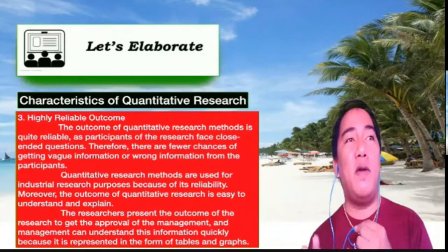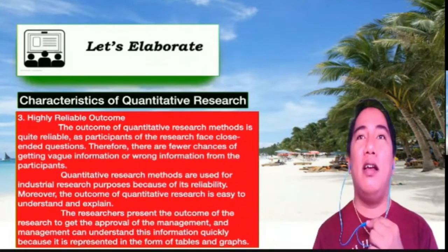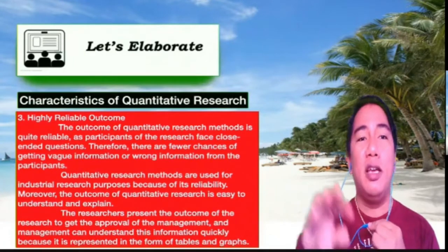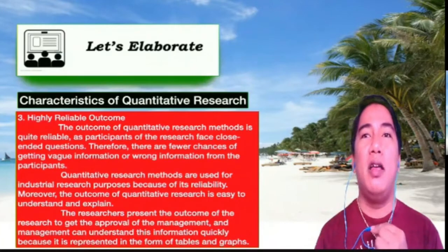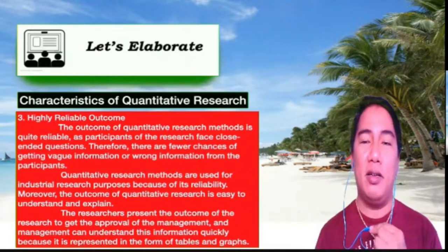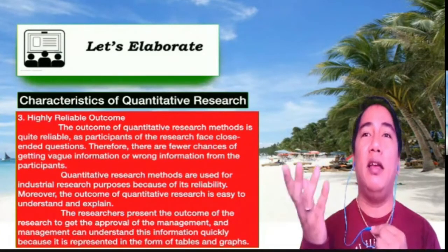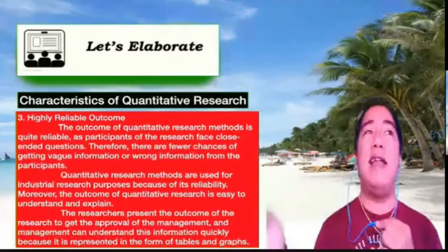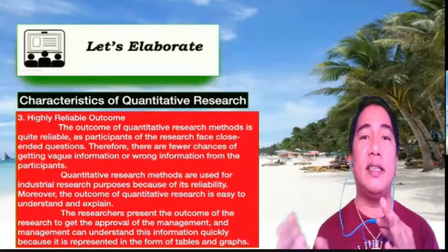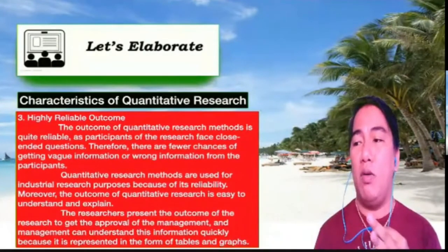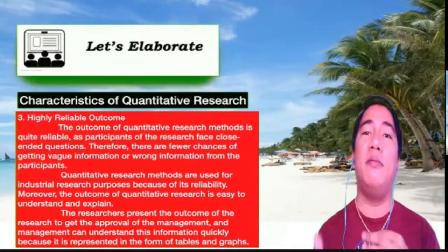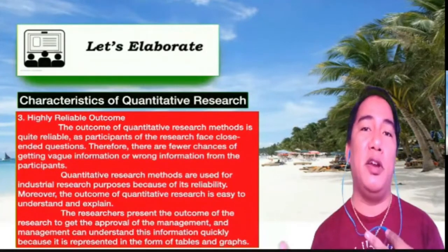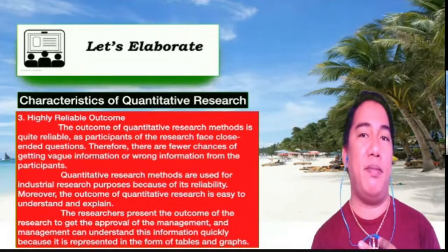Ang qualitative research kasi, gaya ng sabi ko, as new information comes along, nababago kasi you have to explain why nag-appear yung panibagong data na yan. So, lumalaki or nagsasanga-sanga ang research mo sa qualitative, unlike sa quantitative, fix ka lang kung ano yung problema, sasagutin lang siya ng yes or no or on the scale of 1 to 5. Ganoon.